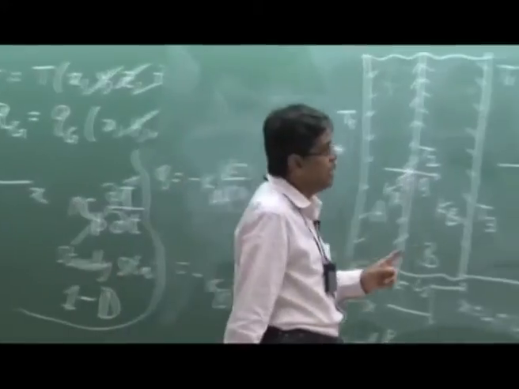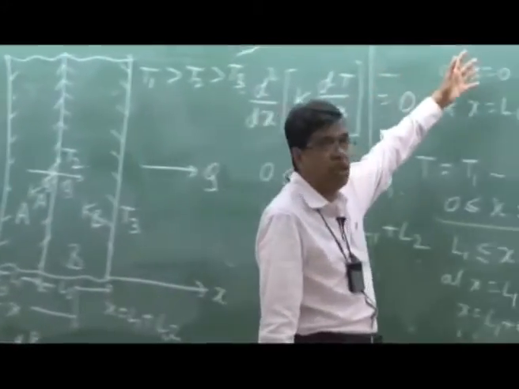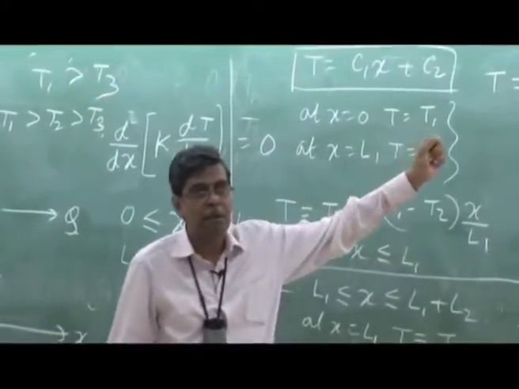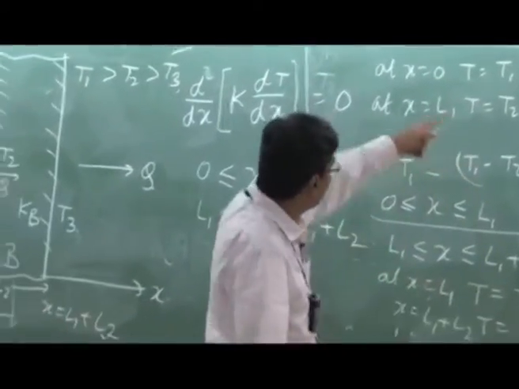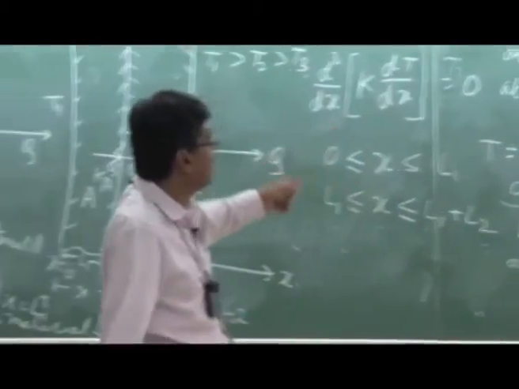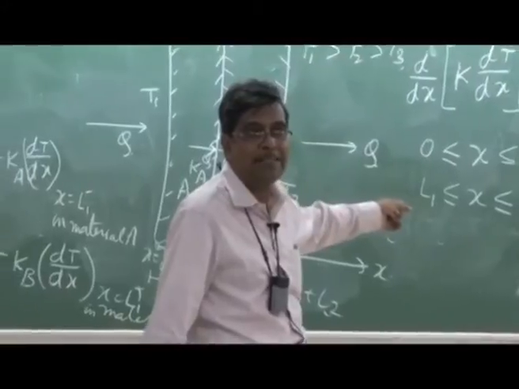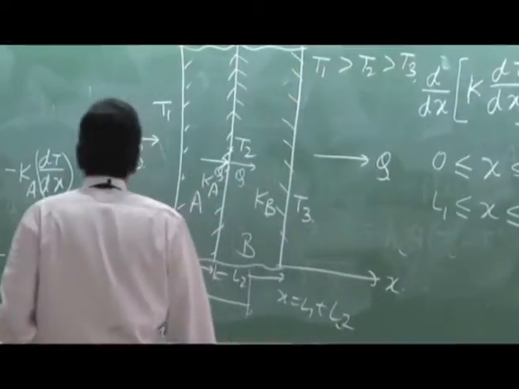So though we see from this equation there is a continuity of the function temperature, from here we also find the discontinuity in the slope at x equals L1, and the quantitative picture will be clear from this.